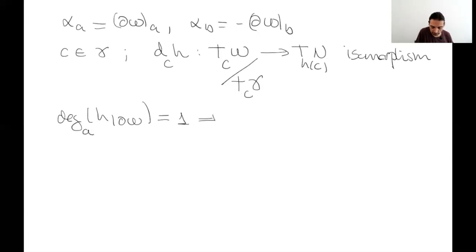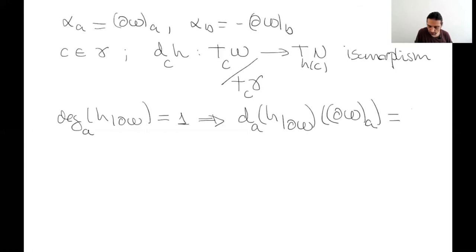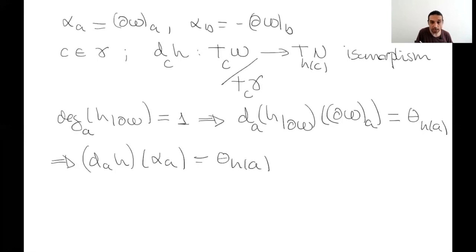That implies, in particular, that the differential of this map is sending the positive orientation of the boundary to the positive orientation of N. Theta is going to be just the orientation of N. But this is the same as saying that the differential of H at the point A is sending alpha A to theta of H(A).